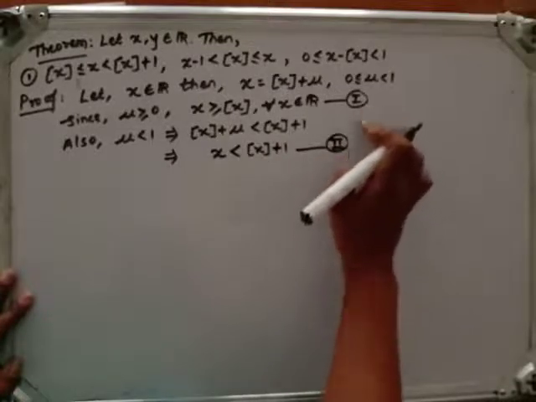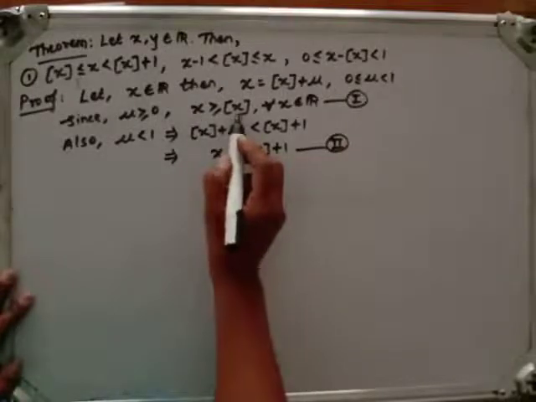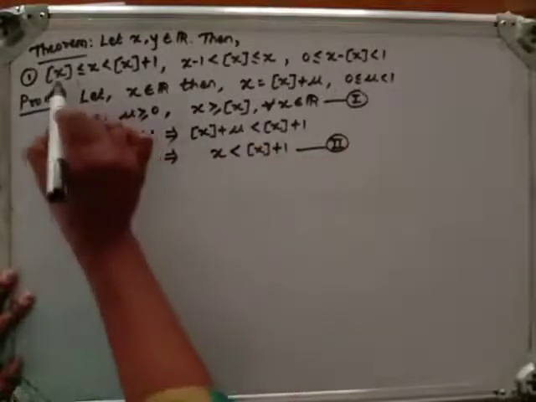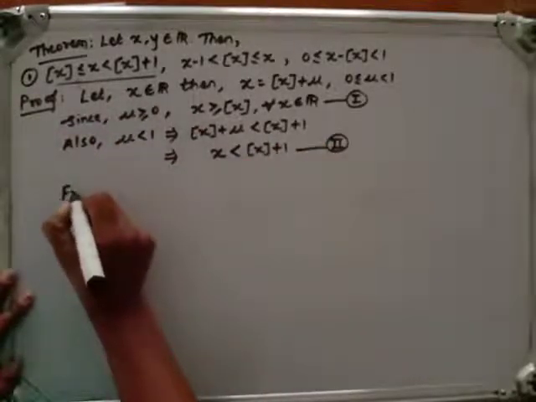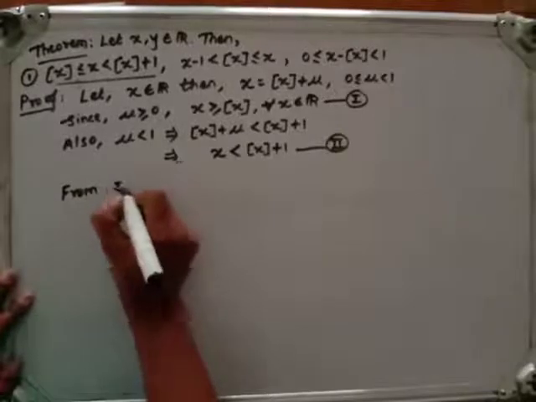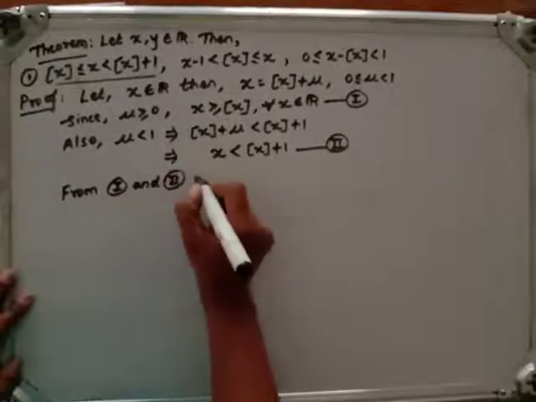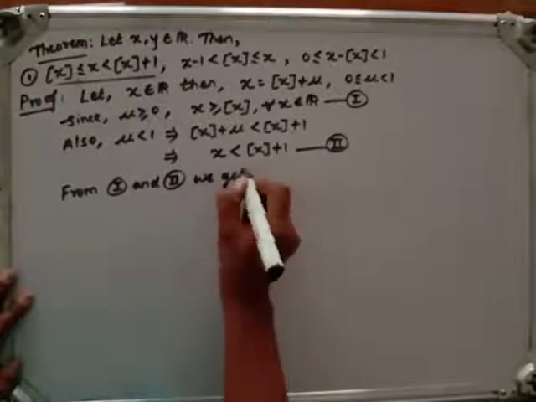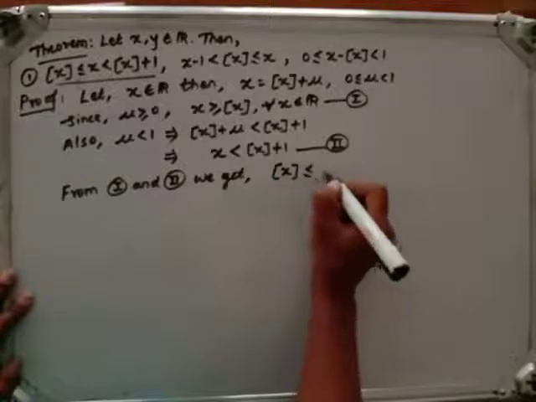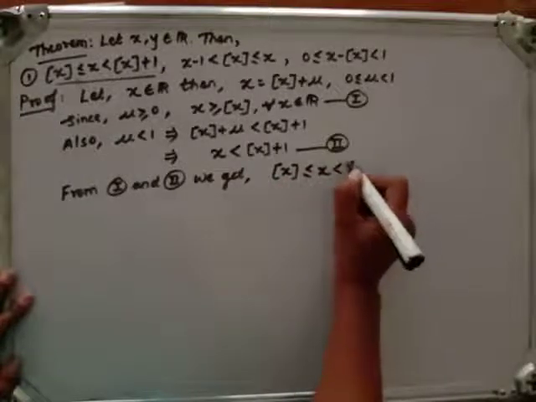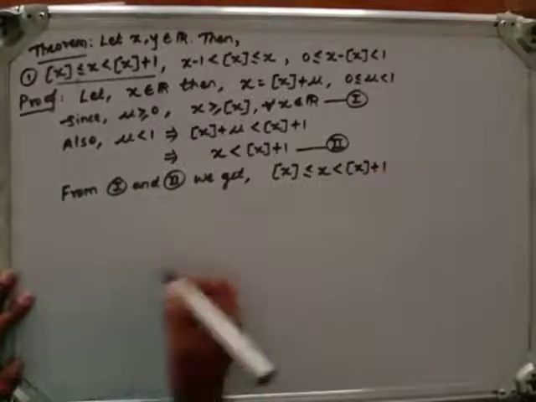So from 1 and 2, x is greater than or equal to this, but x is less than this. If we combine them from 1 and 2, we get the greatest integer function is less than or equal to x and less than the greatest integer function plus 1. This is the result.